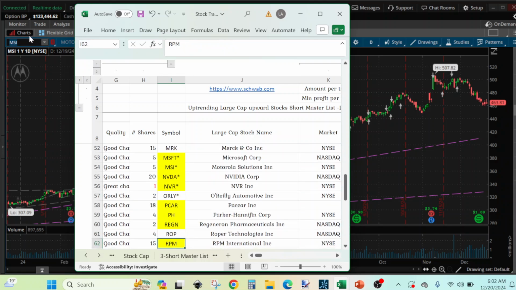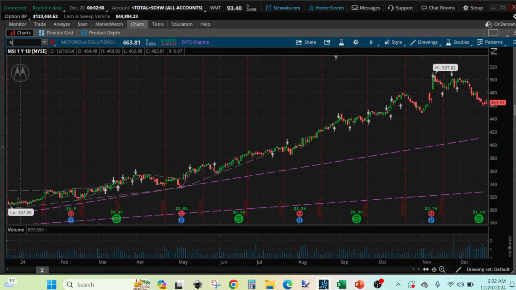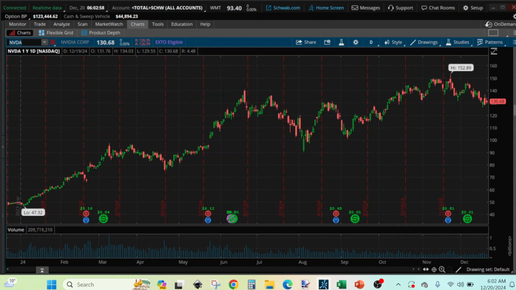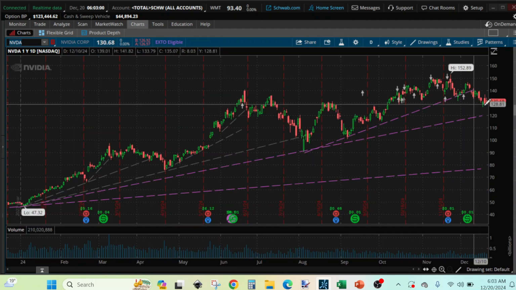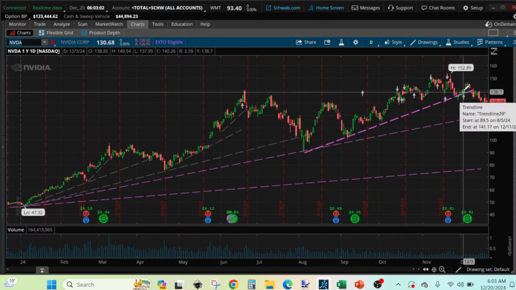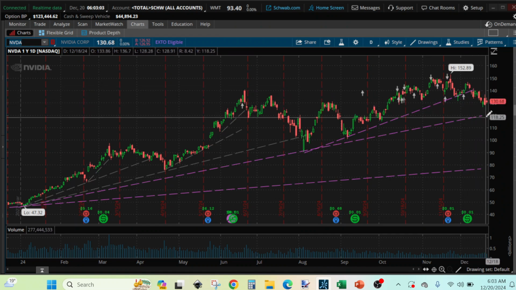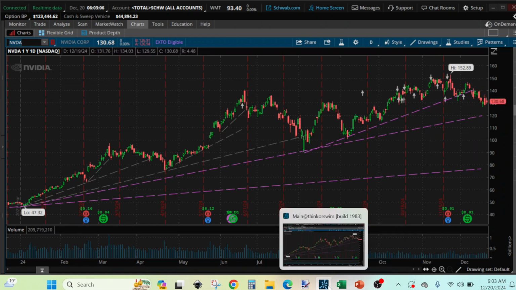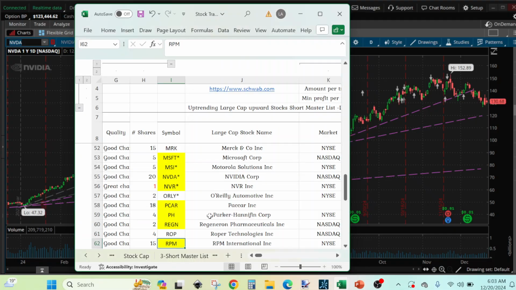NVDA. NVDA, we bought it there, and it's pulling back to this one. If we pull back to here, we might buy some more. NVR.